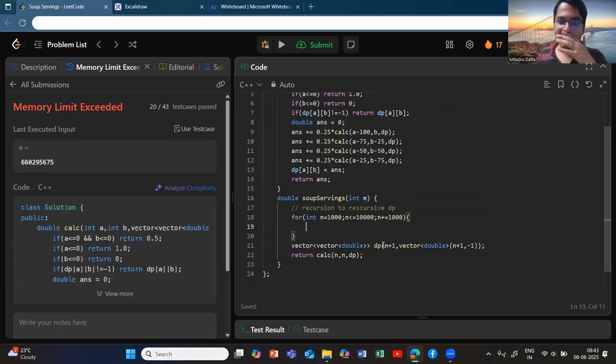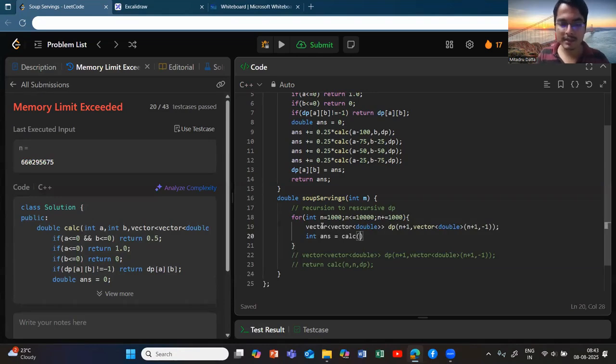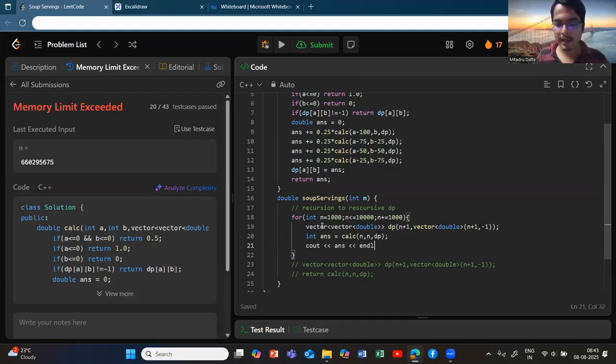And just check in which of the cases, let me just comment this out, my answer is close to 1. So I will just calculate answer using this calc function, which will give me this NNDP, and it will also see out an answer.